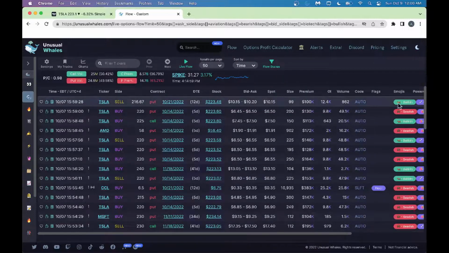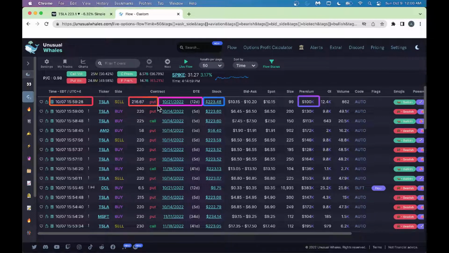Look, Tesla, we got a bullish position going on, coming up toward the end of the close, 10/7, and somebody is betting around 100K, as you can see here. And look, 12 days out, 10/21, they're buying the put option. Look, stock price is at 223 right now, and they're really selling the put option at 216. That's a bullish play here.